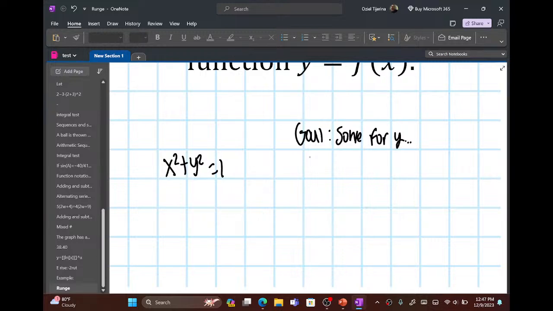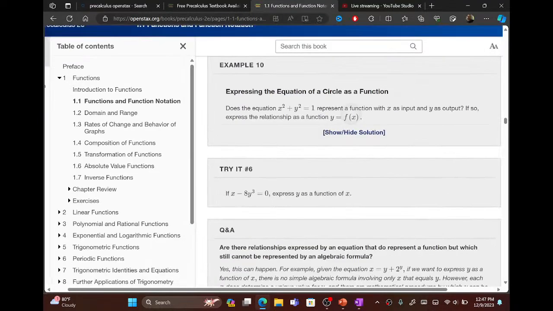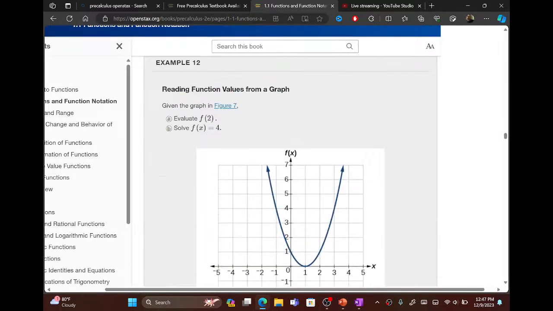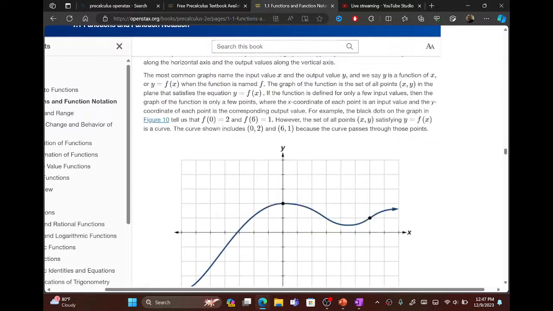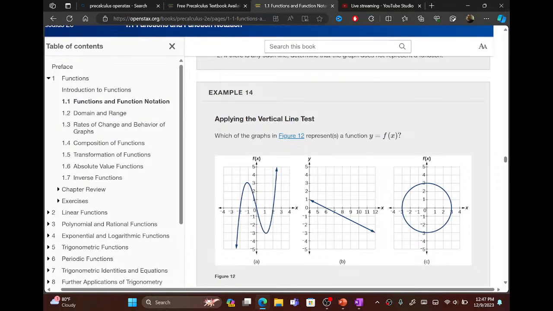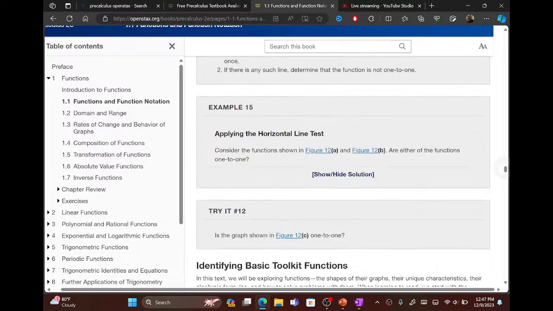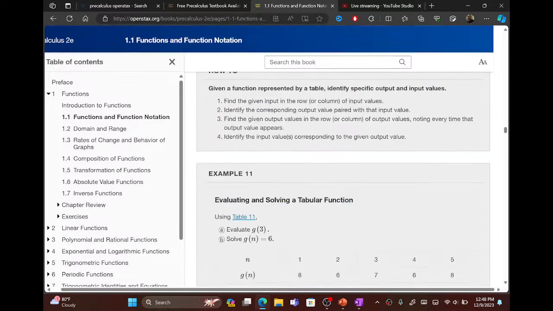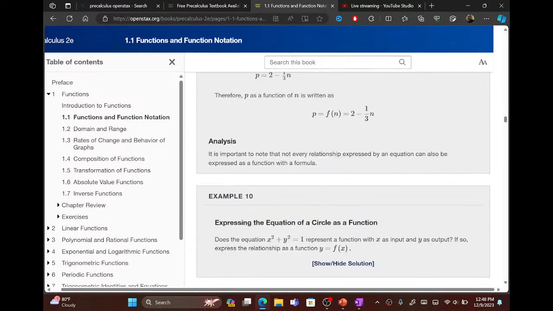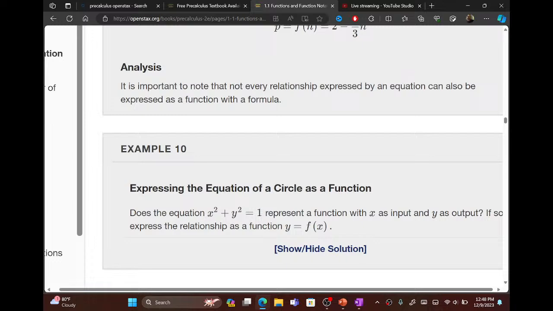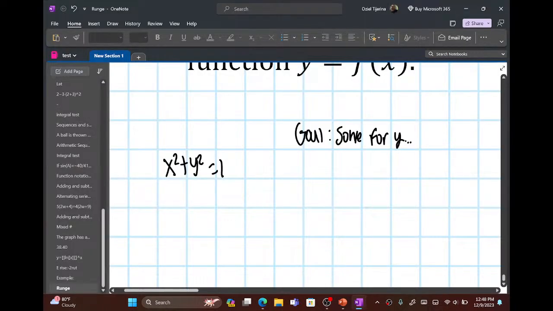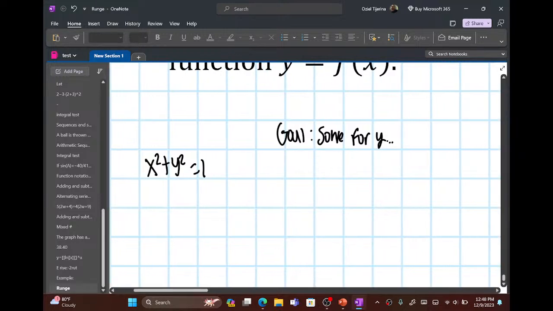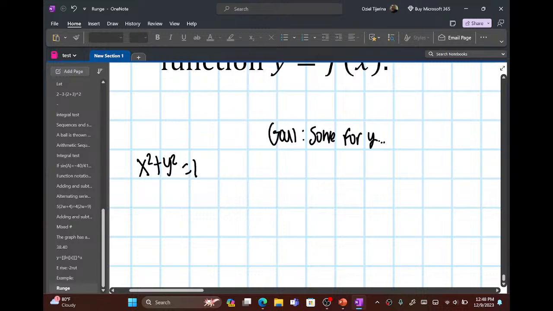And in fact, I'm going to go over multiple examples with this topic because I don't want to just do this one and then have you guys confused, because there's many types of these. So I'm going to do some examples that are not in the book. We're going to solve for y. In other words, we want to get the y term by itself.